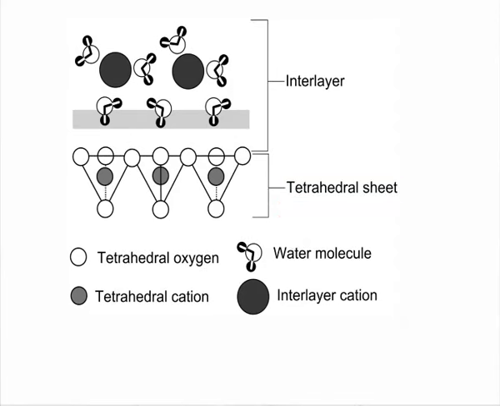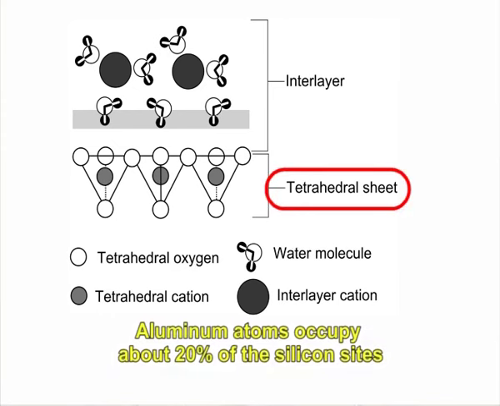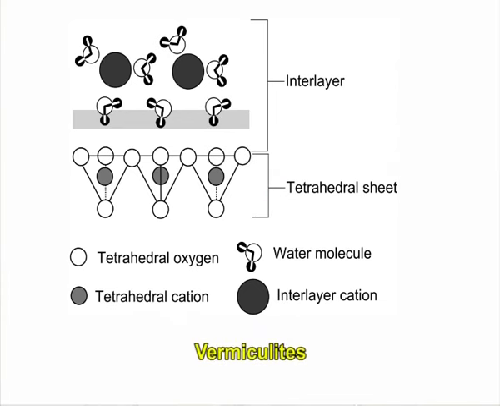Also, the major source of charge is in the tetrahedral sheet, where aluminum atoms occupy about 20% of the silicon sites. This results in a high net negative charge in the tetrahedral sheet, even higher than that found in vermiculites.